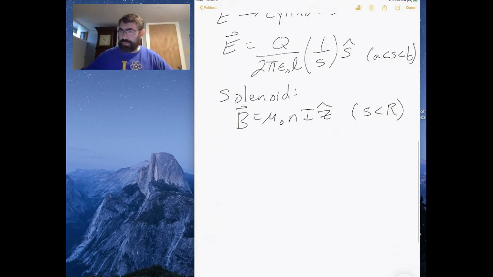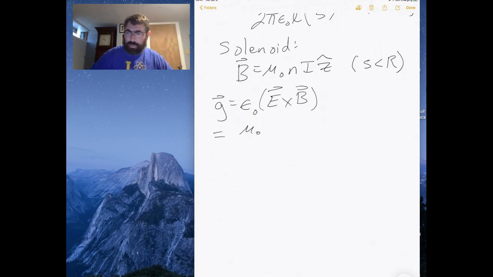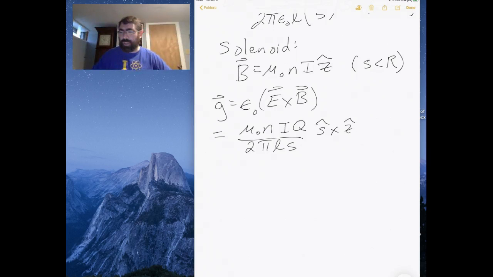Okay, because of these fields, we can now write down the momentum density, which is epsilon naught E crossed into B, which is equal to mu 0 n I q over 2 pi L S, times S hat crossed into z hat, which turns out to be minus phi hat.